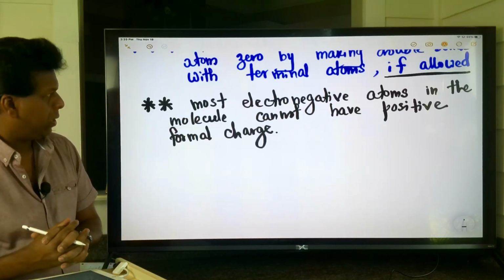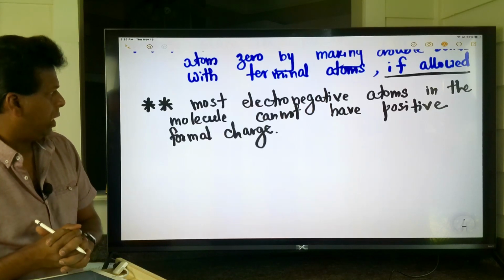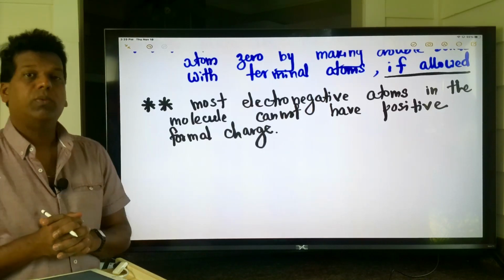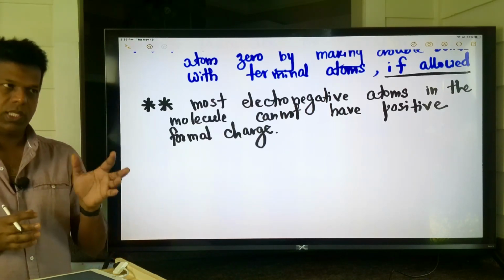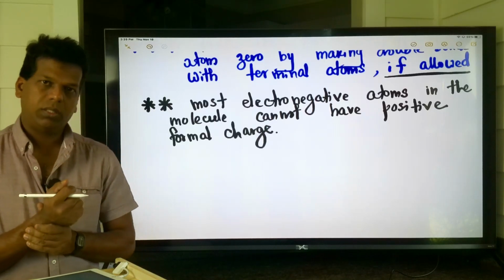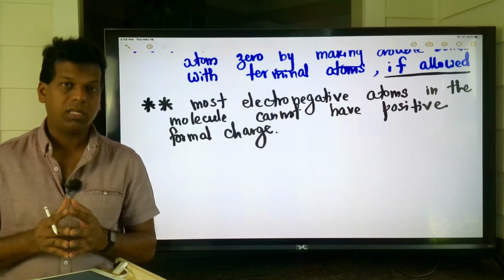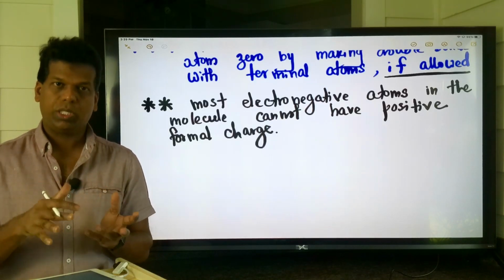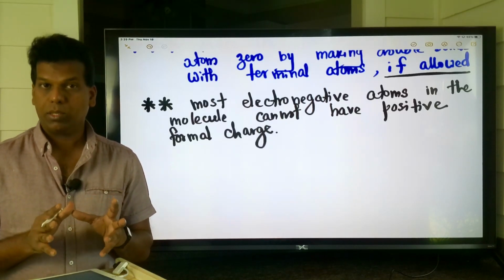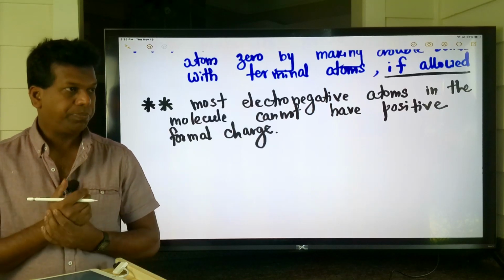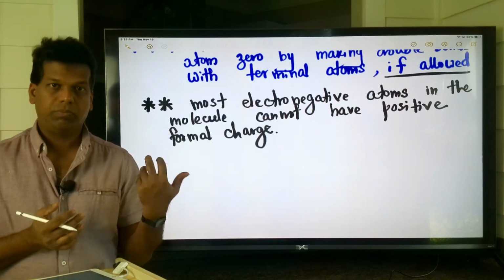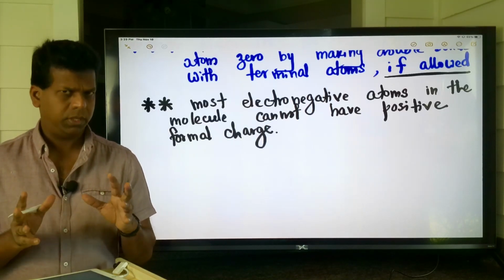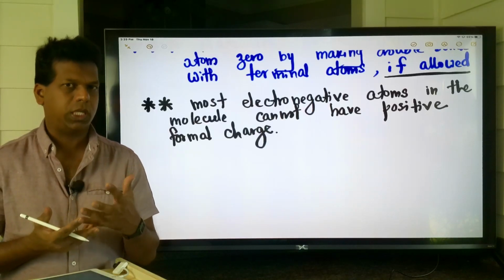The most electronegative atoms in the molecule cannot have positive formal charges. If you see a positive formal charge on oxygen for example, that is a red flag, so you have to recheck your molecule. Maybe something is wrong. If you see a positive formal charge on fluorine for example, it is a red flag, so you have to check it again.